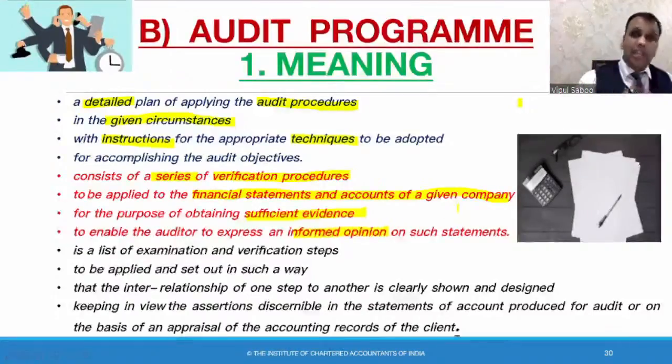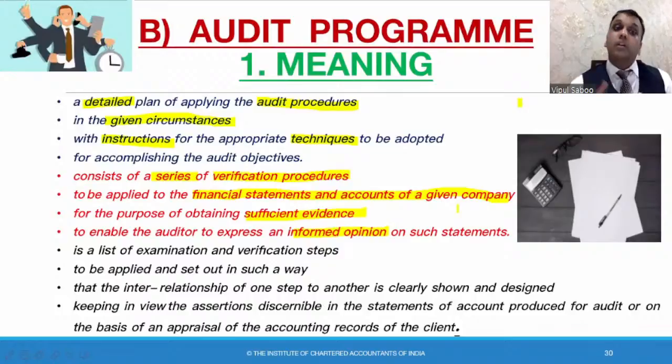So we carry out a series of verification procedures to be applied to the financial statements and accounts of a given company to obtain sufficient evidence, so that the auditor, the engagement partner, is able to give an informed opinion, true and fair, on such statements.